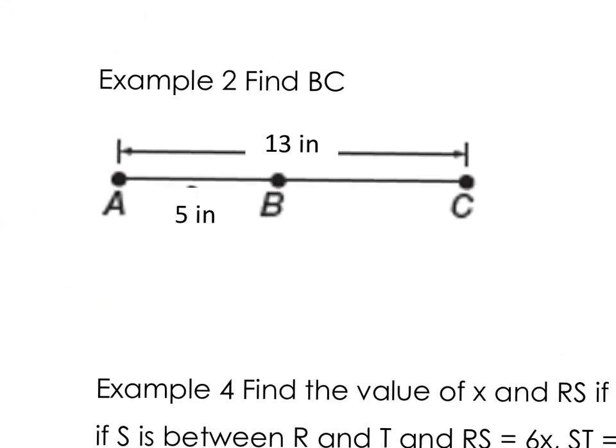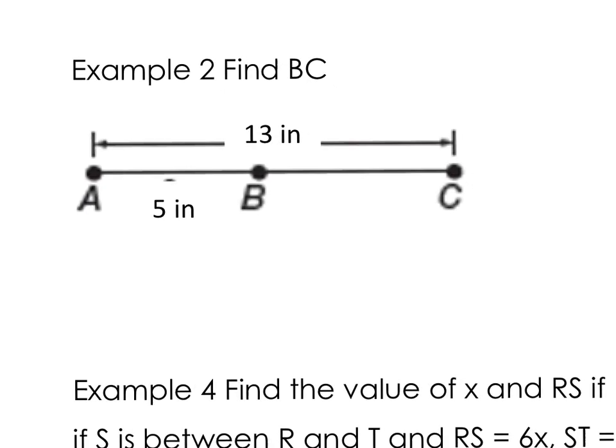Example 2. Find BC. Okay. So in this problem, it tells us the full length of A to C. It tells us A to B. So we need to find the missing segment BC.